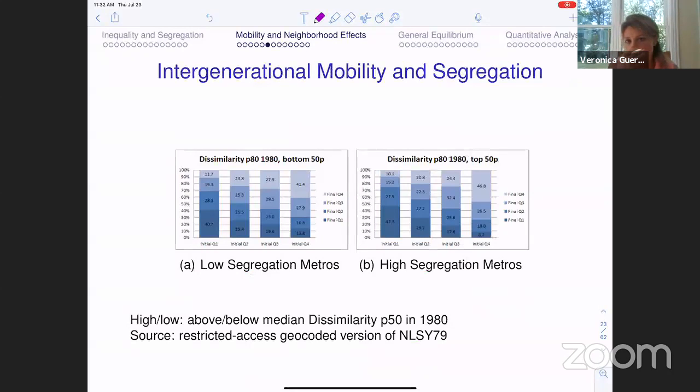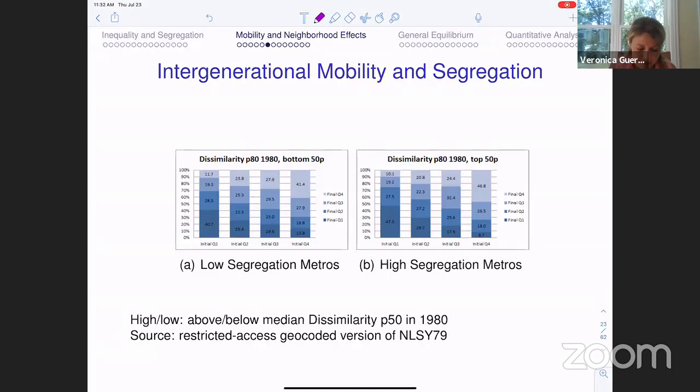This is focusing more on segregation. I used the NLSY data together with my co-author from my paper with Alessandra Fogli, where we have restricted access to the geocoded version, and so we could split the metro areas into low segregation and high segregation.